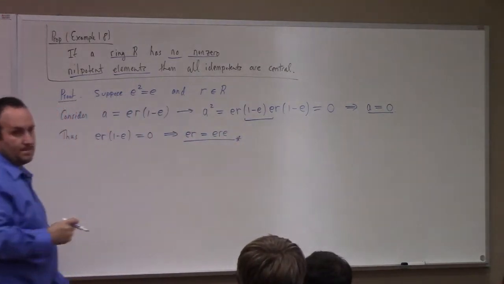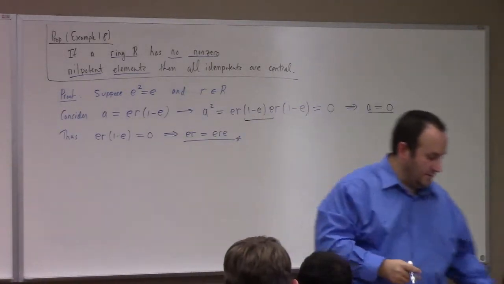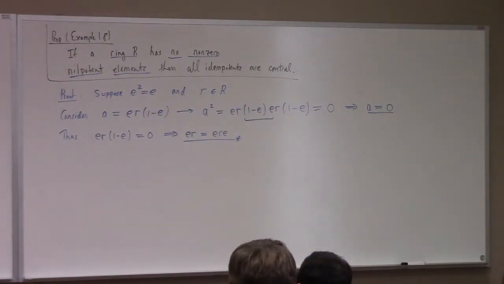Now, by the same token, you can look at an element B. Let B be very related. What would you choose for your B?